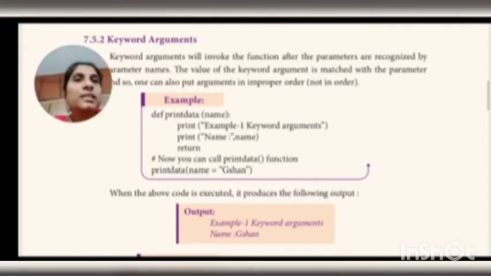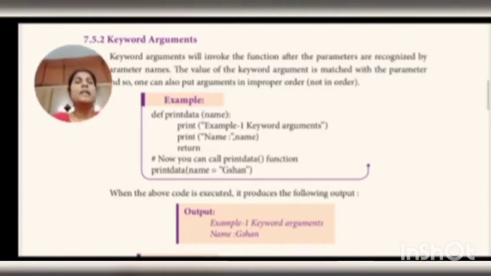You can see this example. Here the name of the function is print data. It has the parameter name. Next we have a print statement. It will display the string example 1 keyword arguments. Next it has another print statement, so name will be displayed followed by the value of the parameter name.